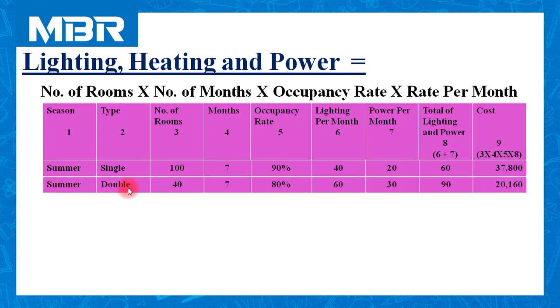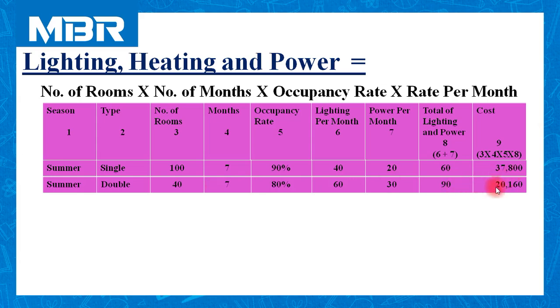Summer double room, number of rooms 40, number of months 7, occupancy rate as given in the question 80%, lighting rupees 60, power rupees 30 and total of lighting and power rupees 90. Multiply number of rooms, number of months, occupancy rate and cost of lighting and power.